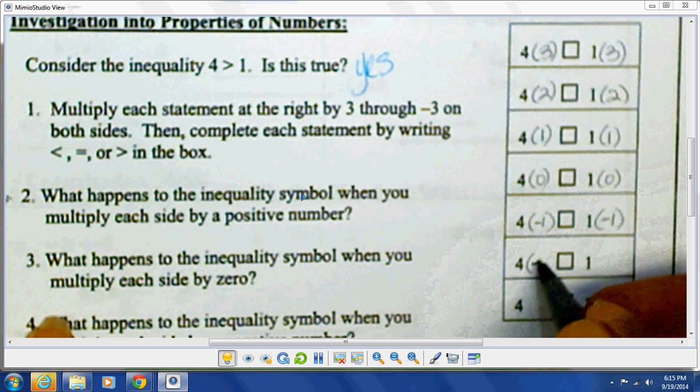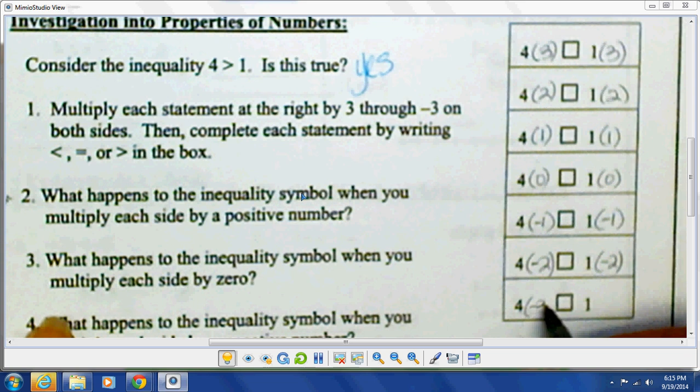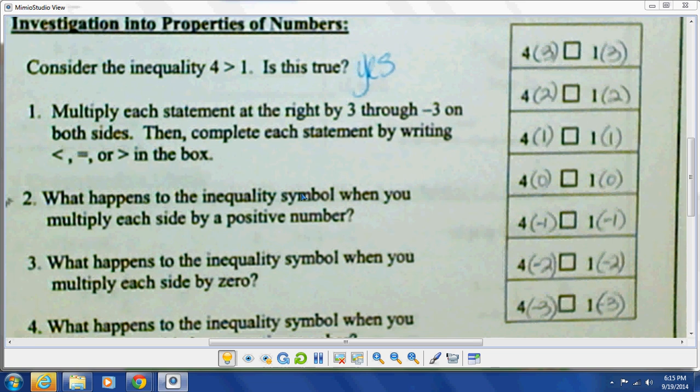Next will be negative 2. And the last will be negative 3. Just keep in mind, parentheses means we're going to multiply. Okay, so now let's multiply it out and fill in our inequality symbols.